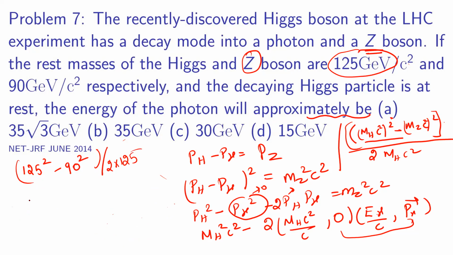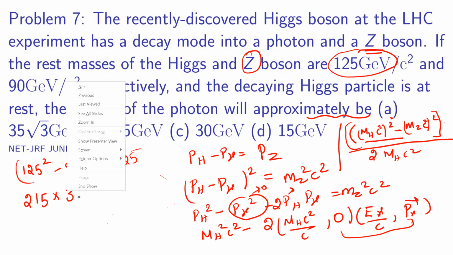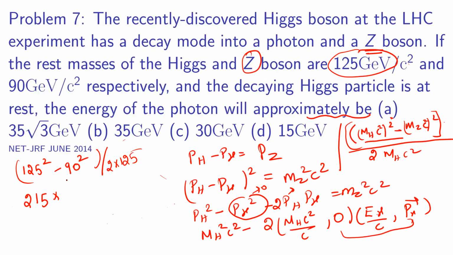So that would be 125 plus 90, 125 to 215, right? 215 multiplied by 125 minus 90, 35, correct? 215 into 35 divided by 250. Okay, so if you solve that, what answer do you get?